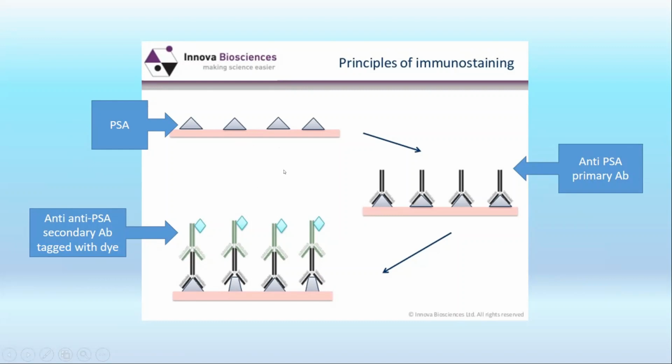If the tumor cell comes from the prostate, it will have this prostatic specific antigen on the surface. So what we do, we get the slides and put the primary antibody. The primary antibody is the antibody against the PSA. If PSA is there, it will bind. So now you have already established one binding.